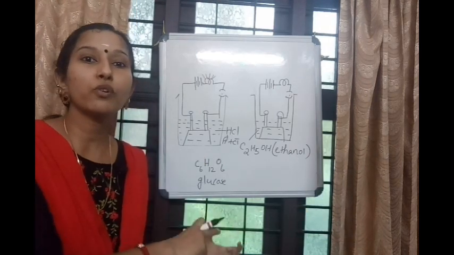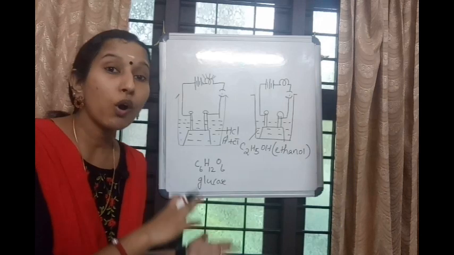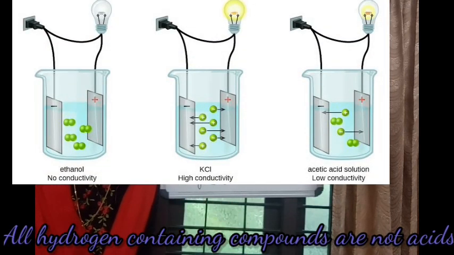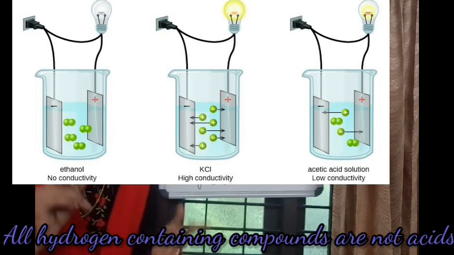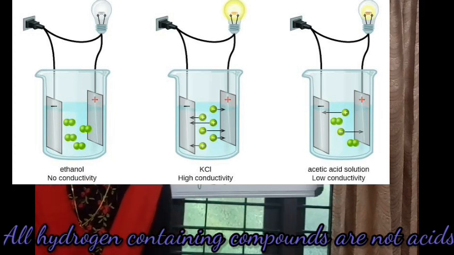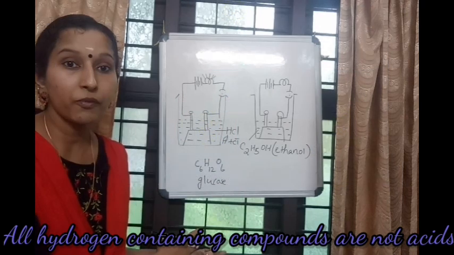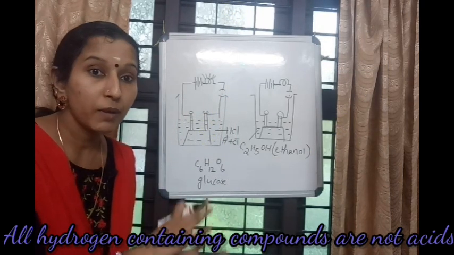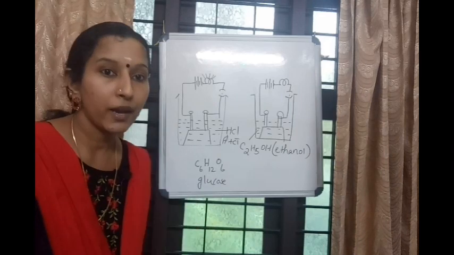What are we going to conclude from this activity? All the hydrogen containing compounds are not acids. This is very important for you. So why does the bulb not glow in the second figure? Because there are no ions.